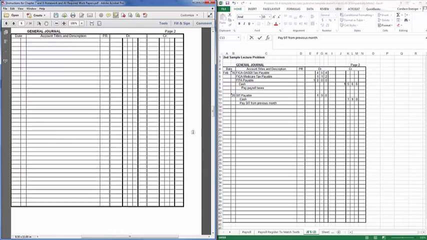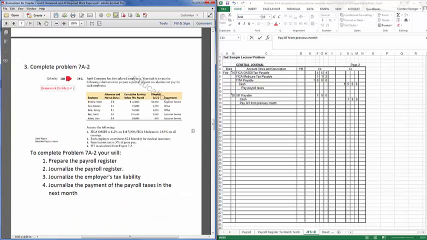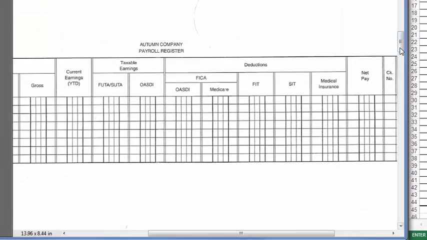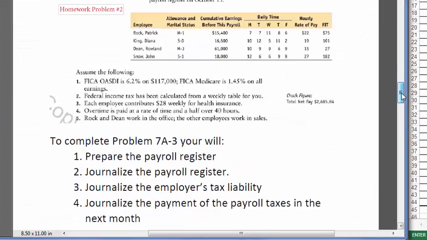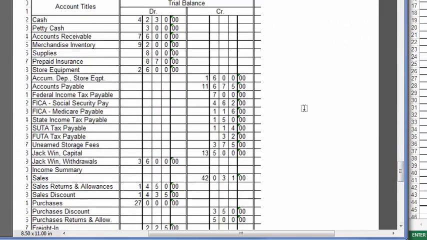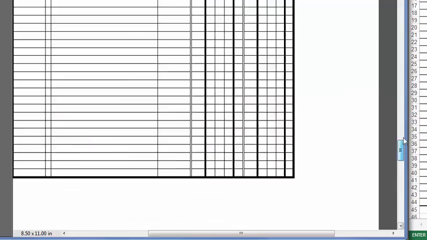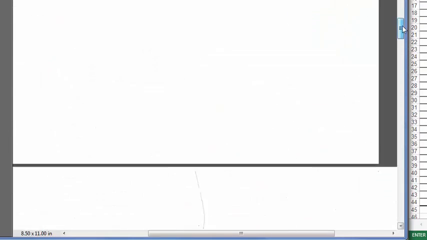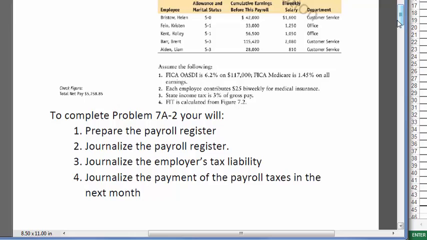So again, you are going to complete problem 7A2, 7A3, and then one of these demonstration problems where you're paying the payroll taxes from the previous month. Now I want to go over specific things for each of these problems.